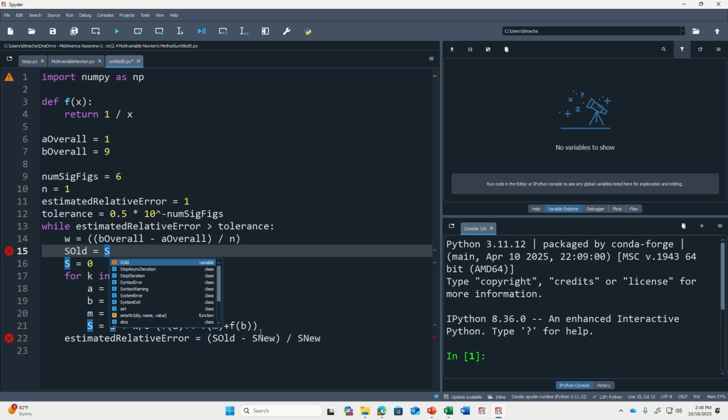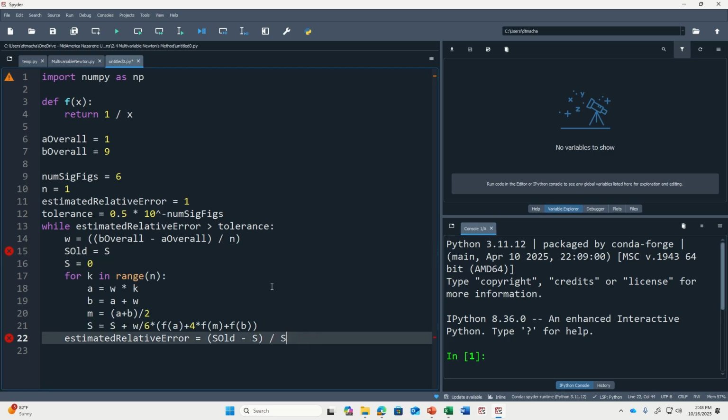Maybe we don't call it new, we just call it S. It doesn't have to be called new. And then we say, if the estimated relative error is still greater than the tolerance, we repeat the loop. And when we repeat the loop, we want n to be twice as many subintervals, right?